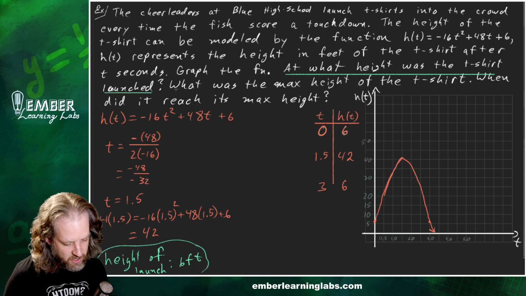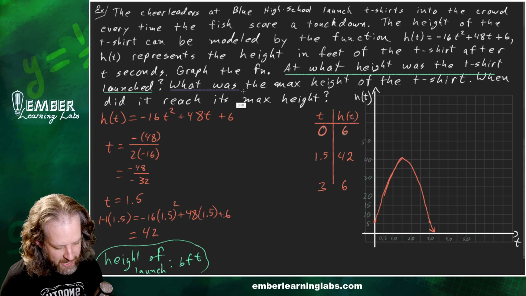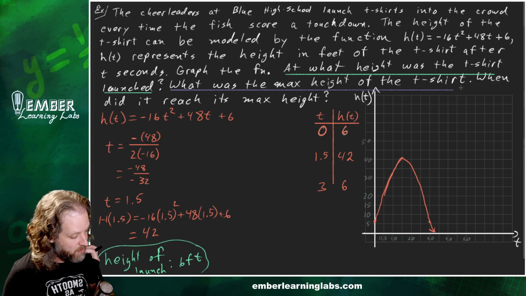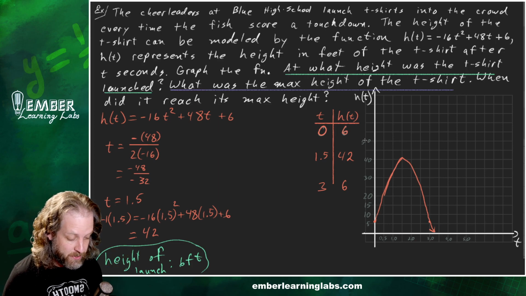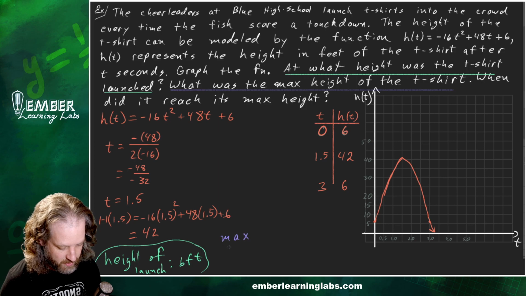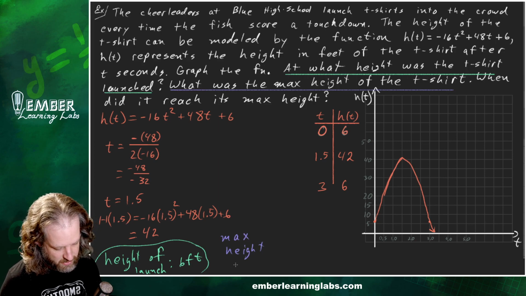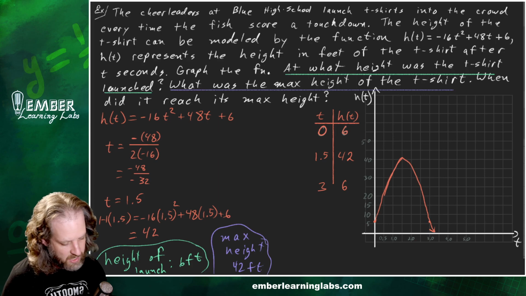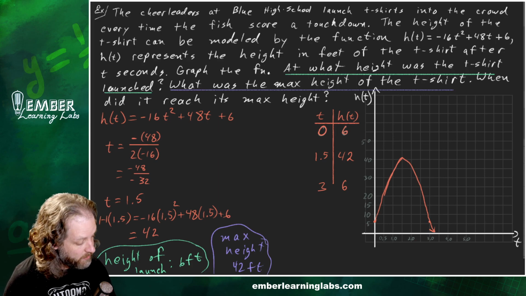So what next? What is the max height of the t-shirt? We also know that already because that would be the y part of the vertex. So the max height is 42 feet. And when did it reach the max height?